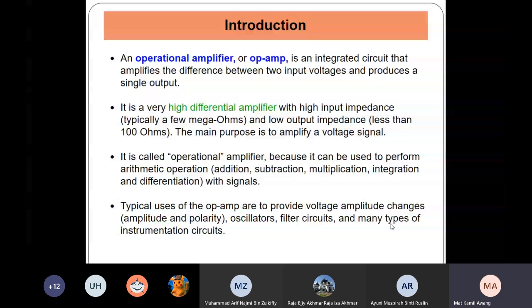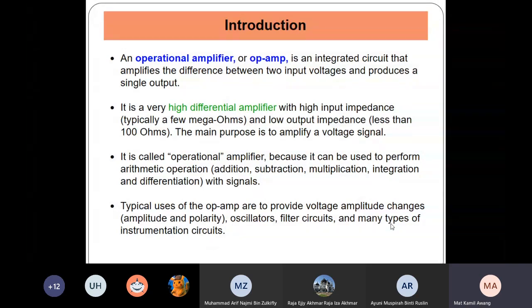It is called operational amplifier because it can be used to perform arithmetic operations. So it can do addition, subtraction, multiplication, integration, and differentiation with the signals. You see, what you learn in mathematics is now being implemented in electronic form.